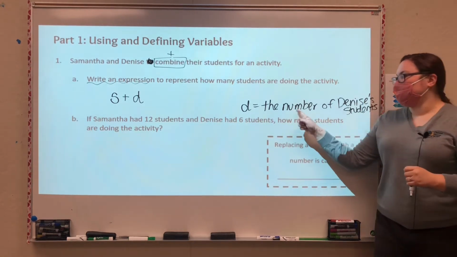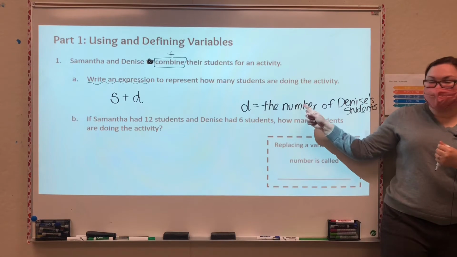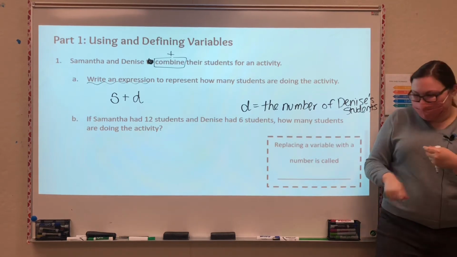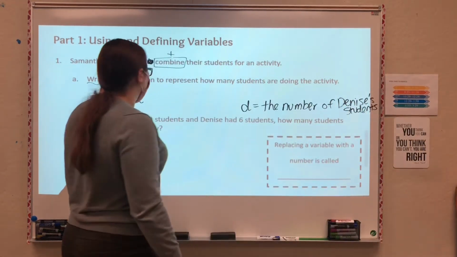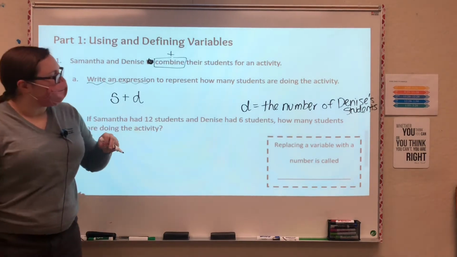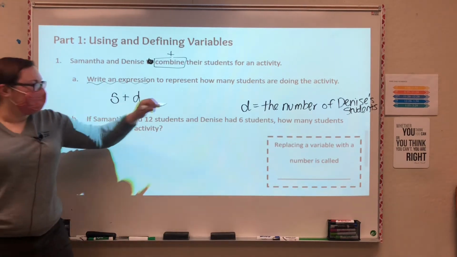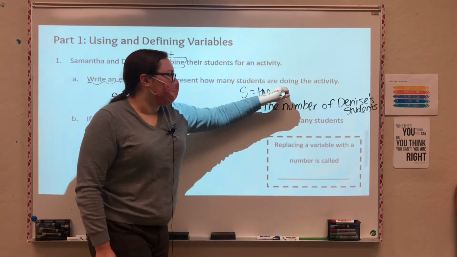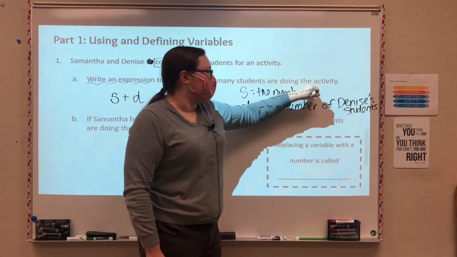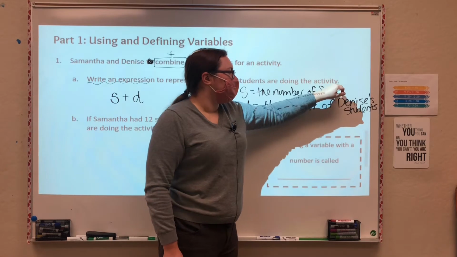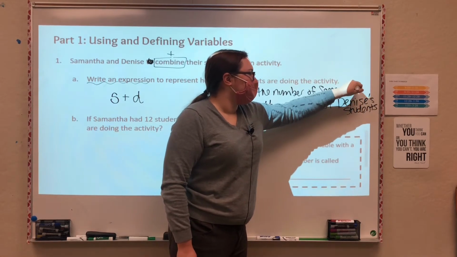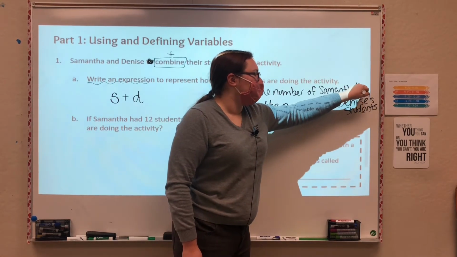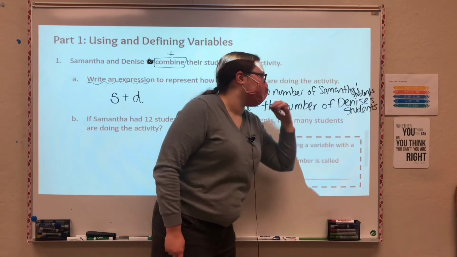Now I can see I'm adding how many students Denise has with what? What's S going to represent? The number of students. So S will represent the number of Samantha's students.